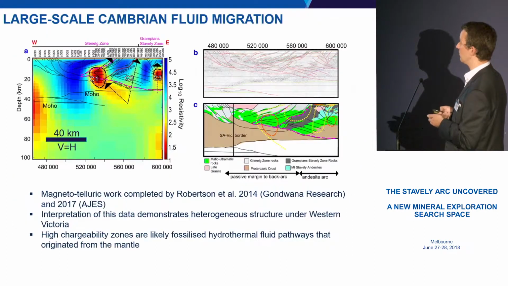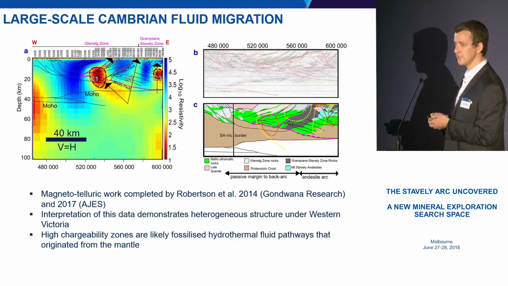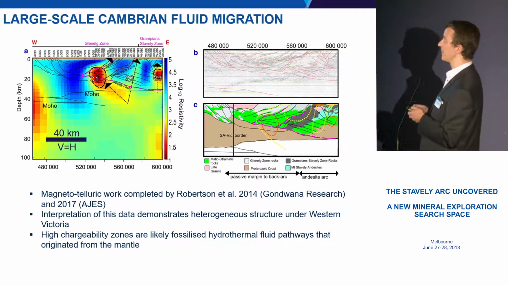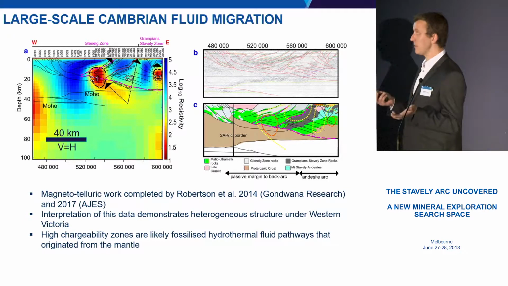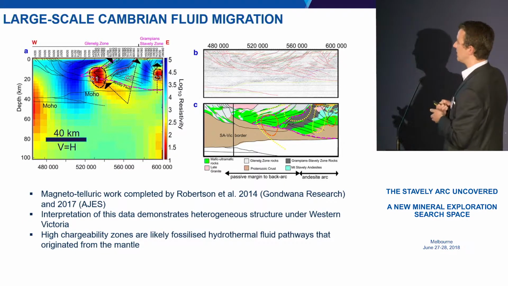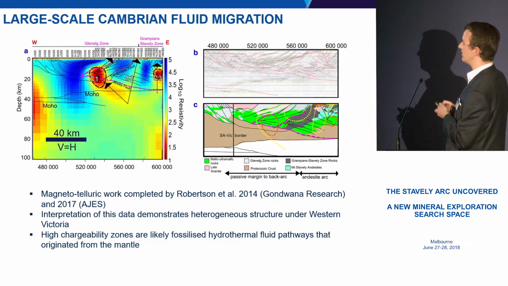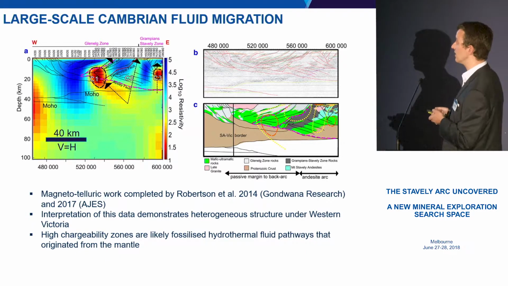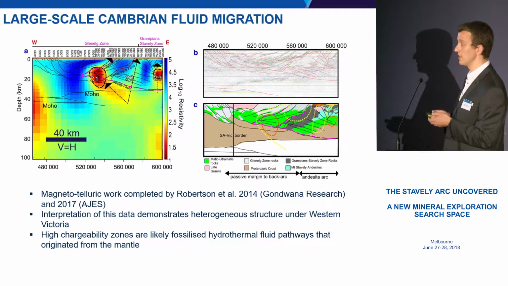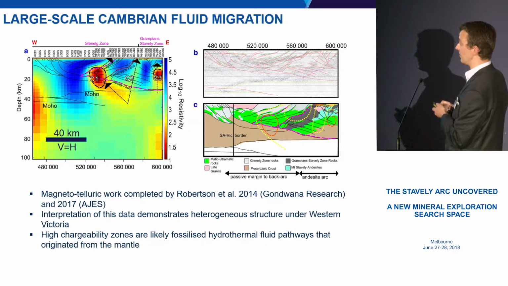If we're thinking about large-scale fertility, we want some indication that we've got some large-scale fluid plumbing happening, and magnetotelluric work that's been published for Western Victoria demonstrates we have heterogeneous structure underneath Western Victoria, and these high conductivity zones or chargeability zones are likely remnants of some fossilised hydrothermal fluid pathway that originated at some depth as well.